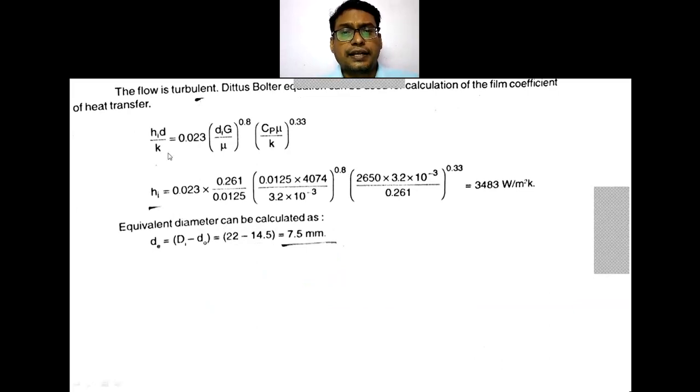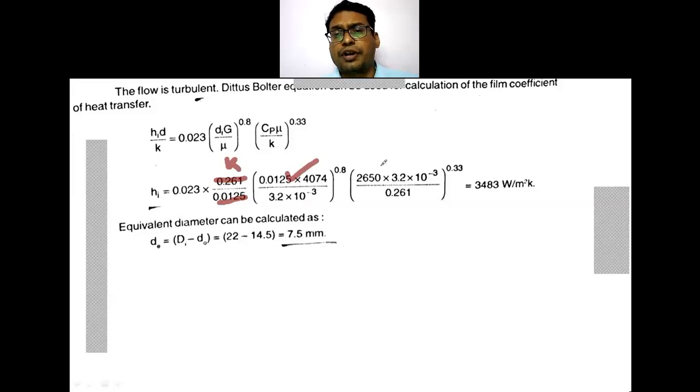So HI is calculated as 0.023 into Re raised to 0.8 into Pr raised to 0.33. So HI into Di, these are all related to the inside diameter of the tubes, and the thermal conductivity of the ethylene glycol, which is passing through the tubes.